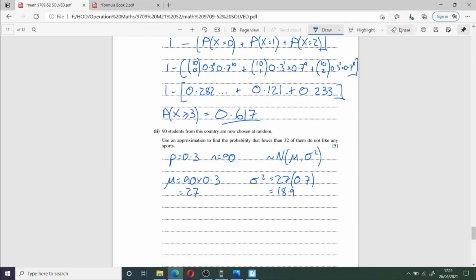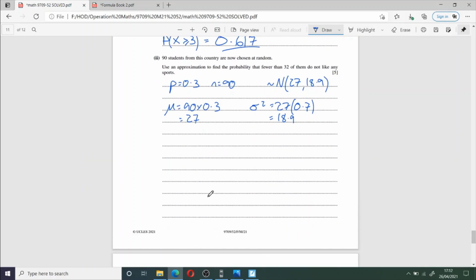So now I can replace those values here. And we've got 27 and 18.9. Watch out, this is the variance. When we use it in our normal distribution, we're going to want to square root it. So we are trying to find the probability that x is less than 32, fewer than 32.